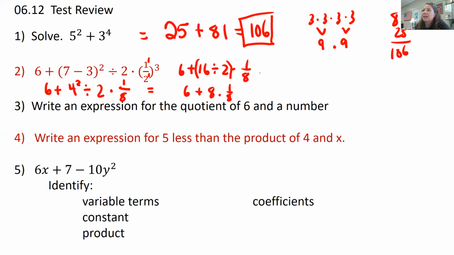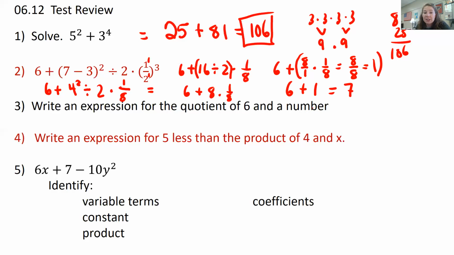After we divide, we can multiply. So we're going to do 6 plus, well, 8 times 1/8. 8 as a fraction is 8 over 1 times 1/8. Well, 8 times 1 is 8. 8 over 8 is 1. So basically, I have 6 plus 1, and my answer for number 2 is 7.